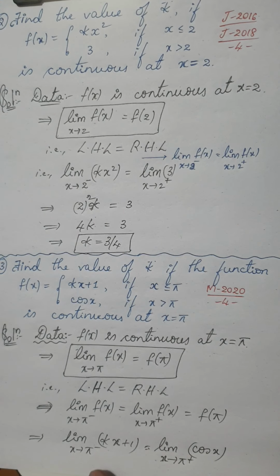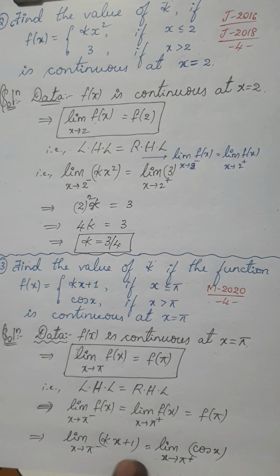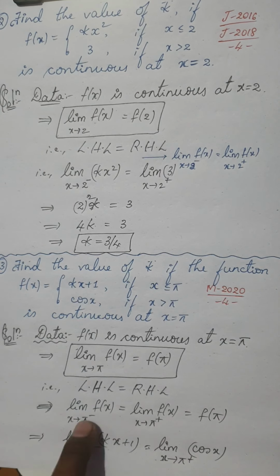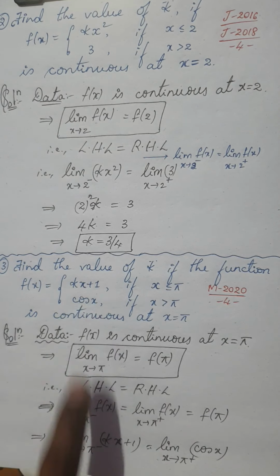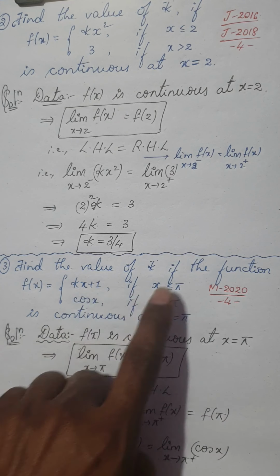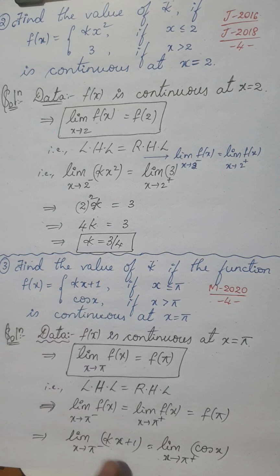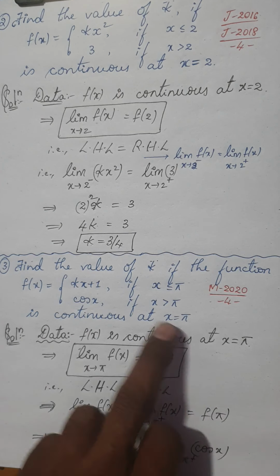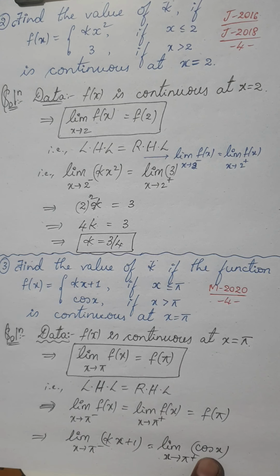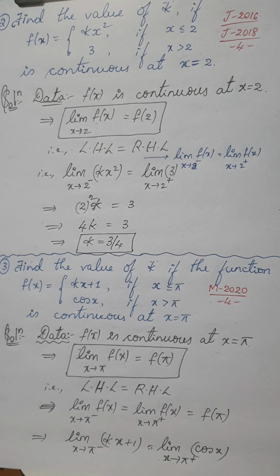If you are thorough with this one step clearly, then you can easily get 4 marks here. So consider the left hand limit and right hand limit and choose the function correctly. For the left hand limit, the function is kx plus 1. For the right hand limit, the function is f of x equals cos x.